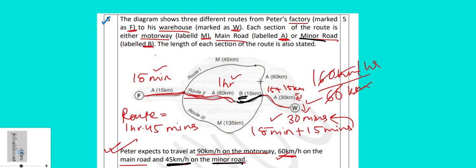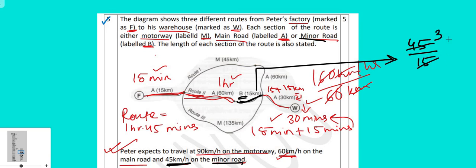So now we'll have to work out 45 divided by 15, which gives us 3, so it becomes 3 times.